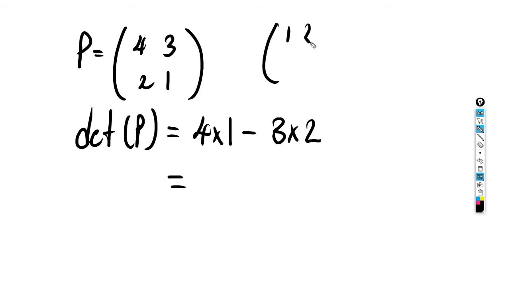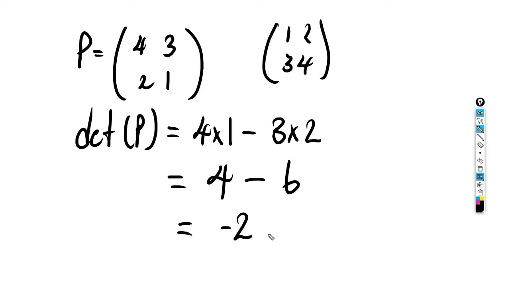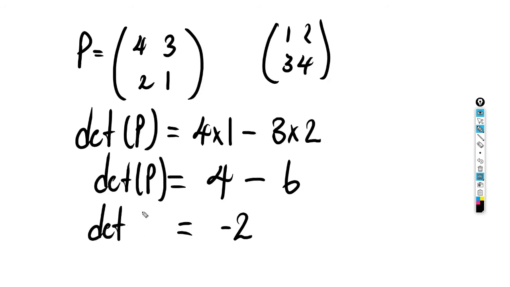Remember the other one was 1, 2, 3, 4. But because the diagonals are the same, you're going to end up with the same answer here. 4 minus 6, which is equal to negative 2. So that's the determinant of P. Pretty simple in my opinion.